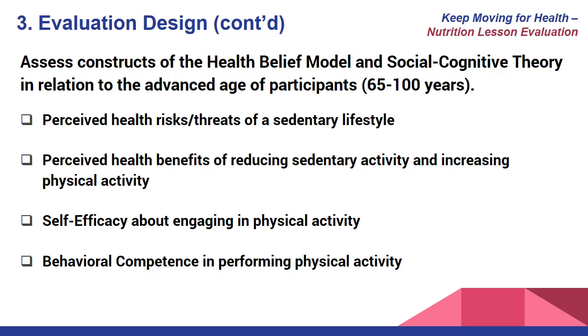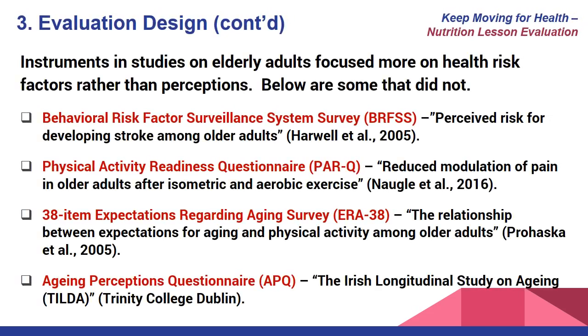So in the studies, a lot of the research that I did seemed to indicate that most of the instruments focused on health risk factors rather than actual perceptions of risk. There's some that did not, and those were the ones that I tried to single out here.